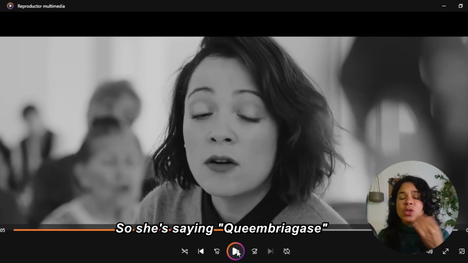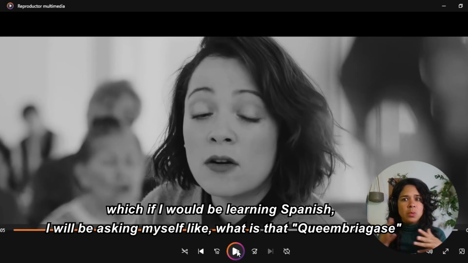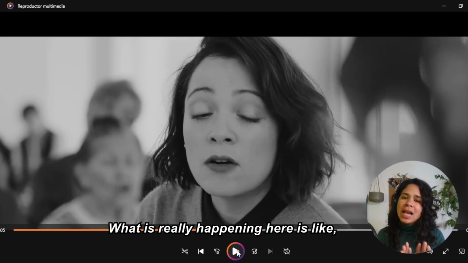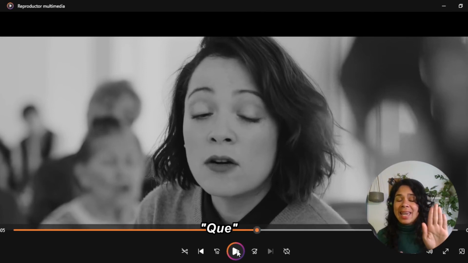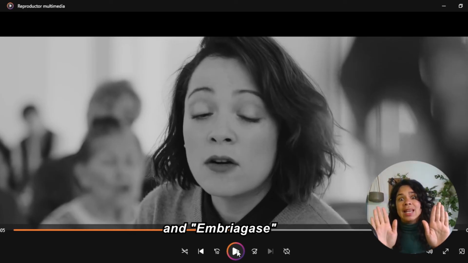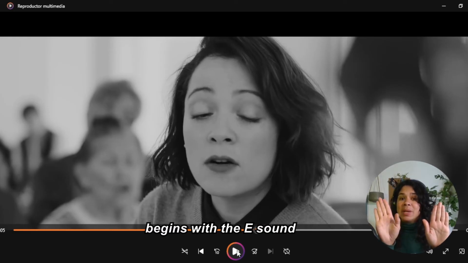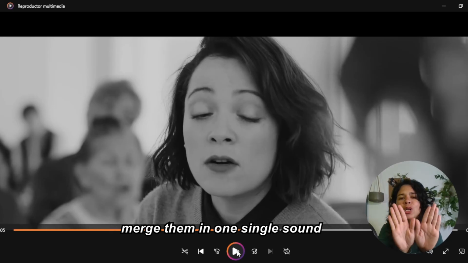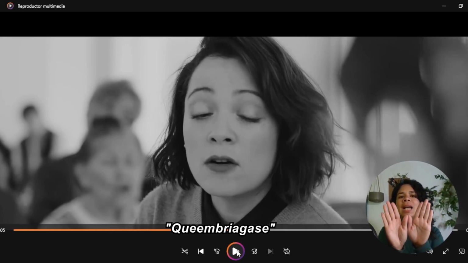There. So, she's saying que embriagase, which if I were learning Spanish, I would be asking myself, what is that, que embriagase? What is really happening here is que ends with the e sound, and embriagase begins with the e sound, and she just merged them in one single sound, que embriagase.